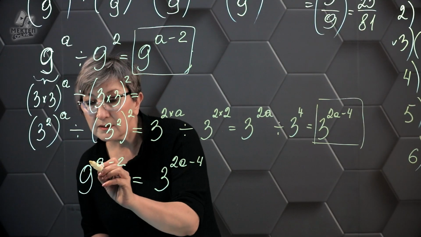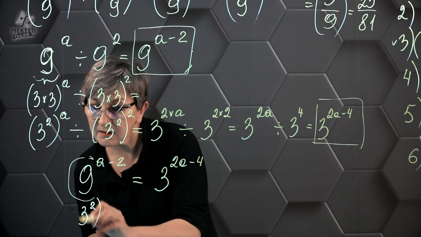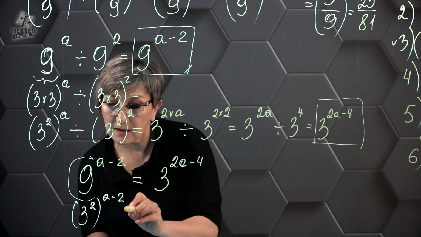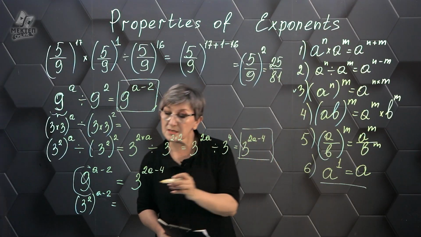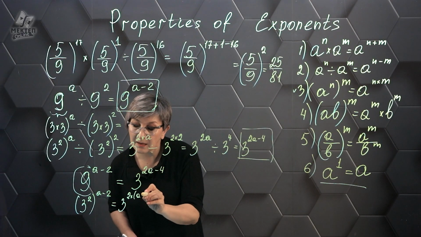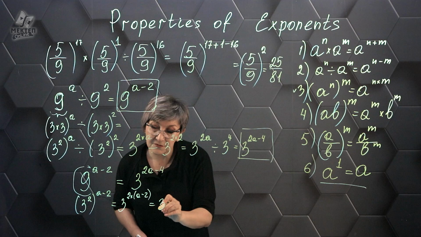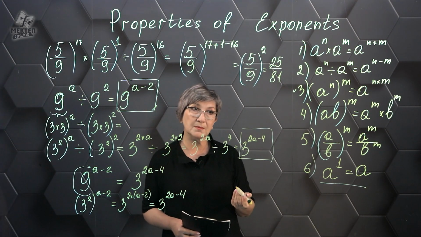I can write 9 as 3 squared, and all of it is to the degree of a minus 2. And then the result is, using our third property, 3 to the power of 2 times (a minus 2), and then 3 to the power of 2a minus 4. I got the same answer.